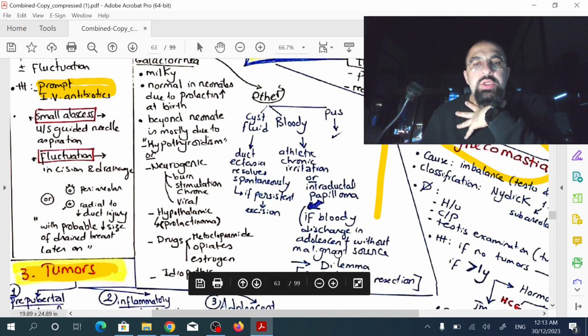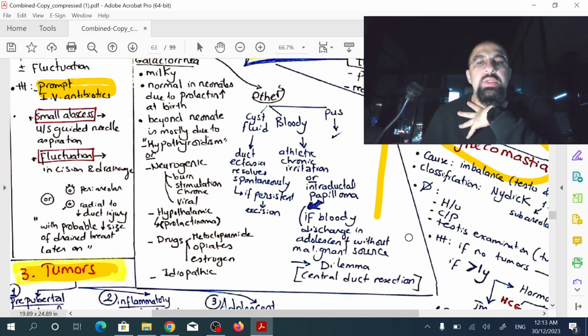If there is bloody discharge in adolescents without a malignant source, it's a dilemma. How do you know it's without a malignant source? You do cytology for this bloody discharge and ultrasonography on this area.